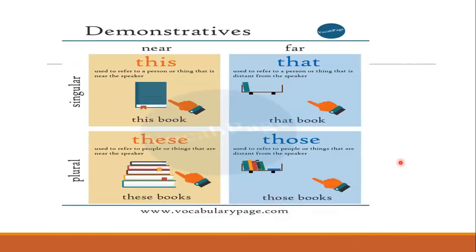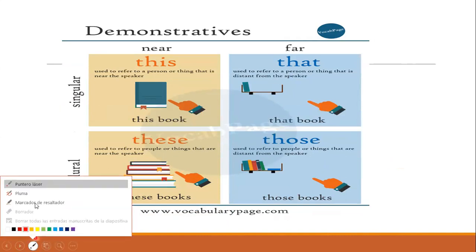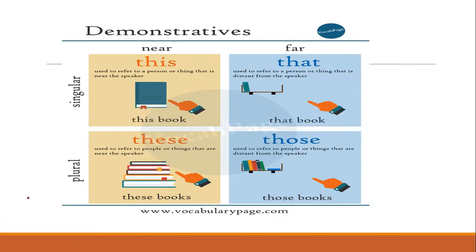Now we're starting to connect this vocabulary with the grammatical aspect, which is called demonstratives. So in this case, I'm going to take a little time to explain. And I need you to pay a lot of attention here, okay? We have a table divided into four elements: this, that, these, and those.